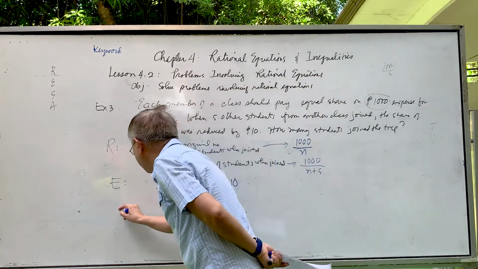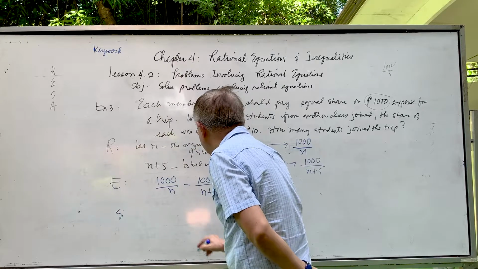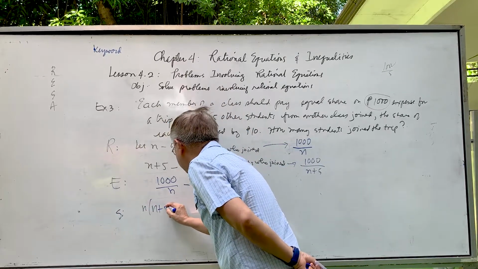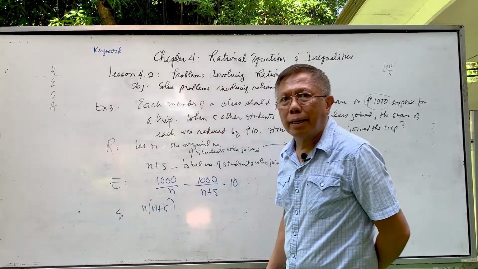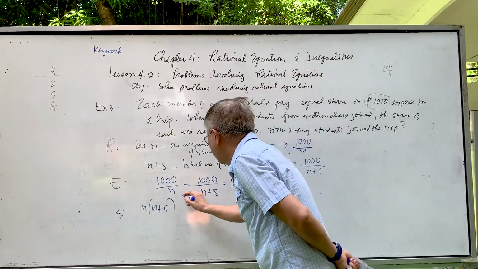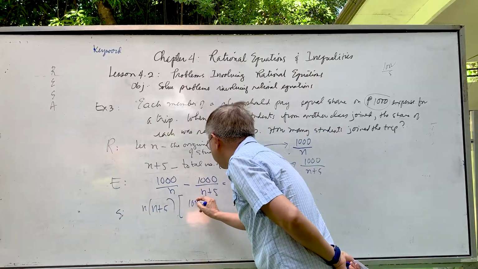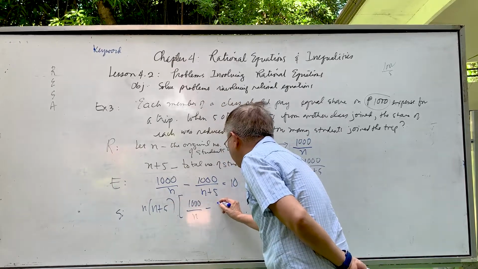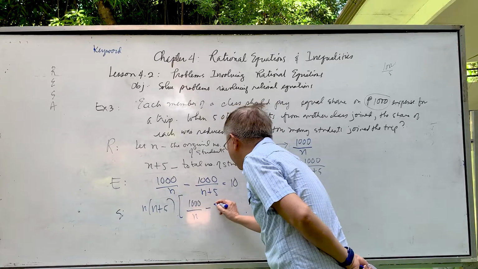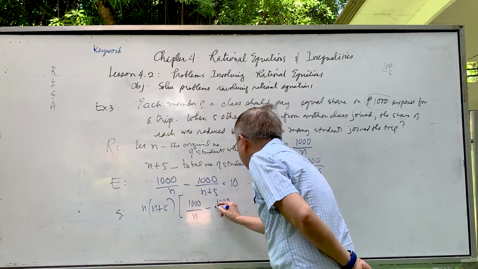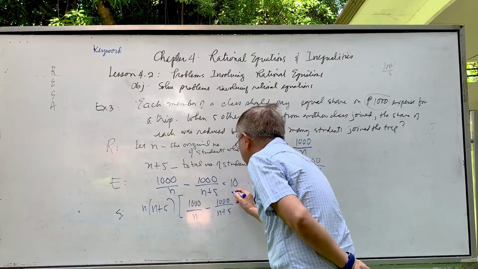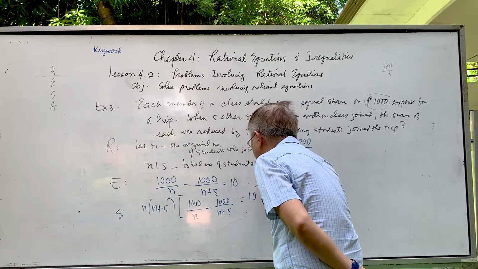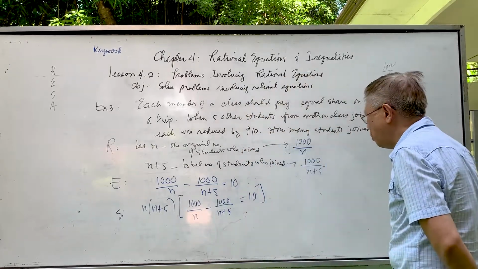How do we solve that? That's our solution. I can multiply everything by the LCM of all the denominators. So, I will get here n times n plus 5 times 1,000 over n minus 1,000 over n plus 5, equals 10. That's how it goes.